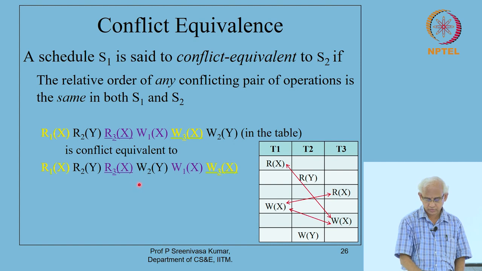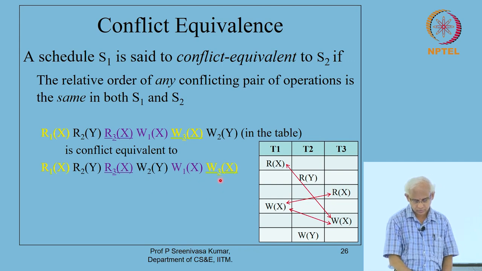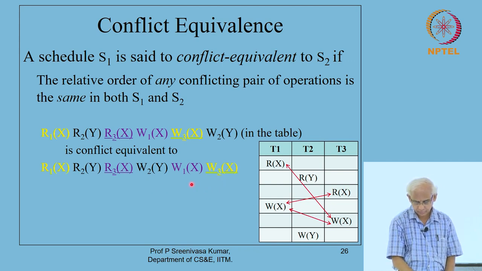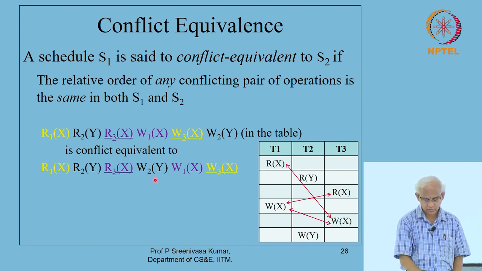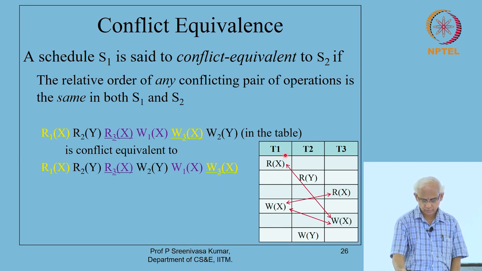Okay. And then if you take this underlined one, R3x and W3x, there's some issue here, right? I think one of the subscripts has to be corrected. So let's look at all three.